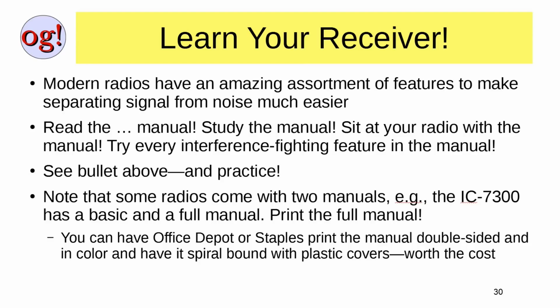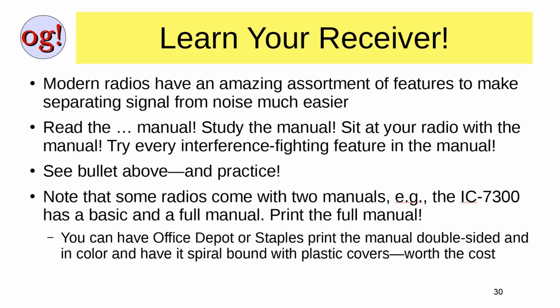Note that some radios come with 2 manuals. For example, the IC-7300 has a basic manual, which is printed, and a full manual. I would recommend that you print the full manual. You can have Office Depot or Staples print the manual from the CD that comes with your radio, or from a downloaded file that you have.